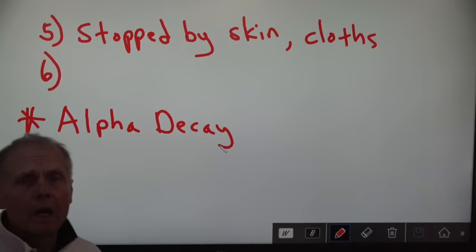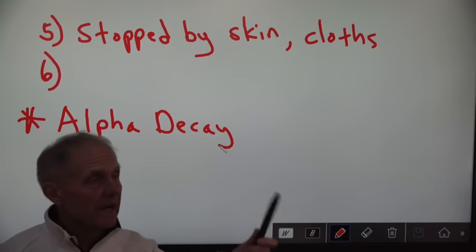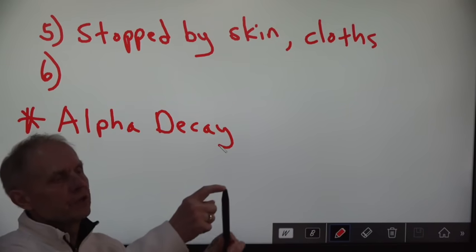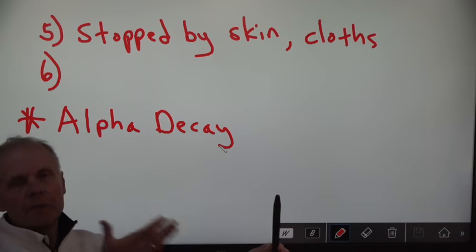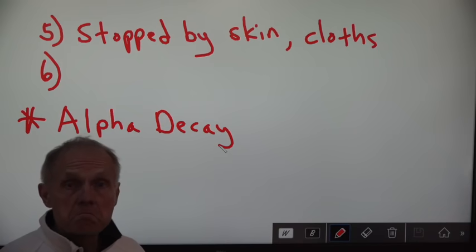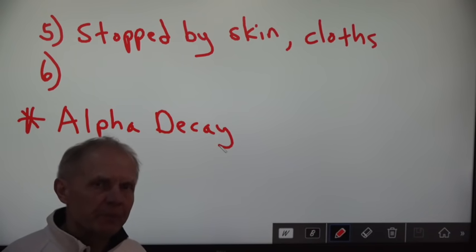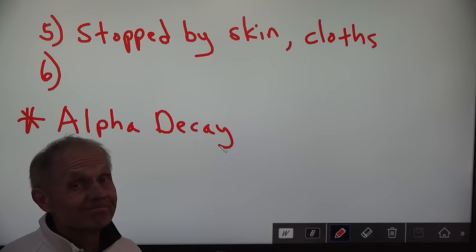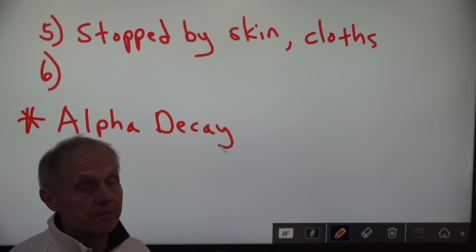Now remember, what I said is, if I had an alpha emitter radioisotope right here and I held it like this, it wouldn't even hit me. And if I brought it here, chances are it would be stopped by skin or clothes. Okay, so are they harmful to people? Well, let's talk about that.